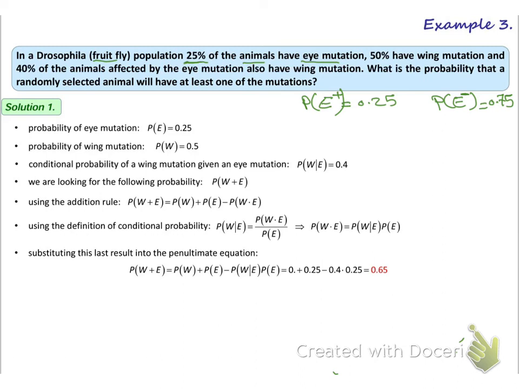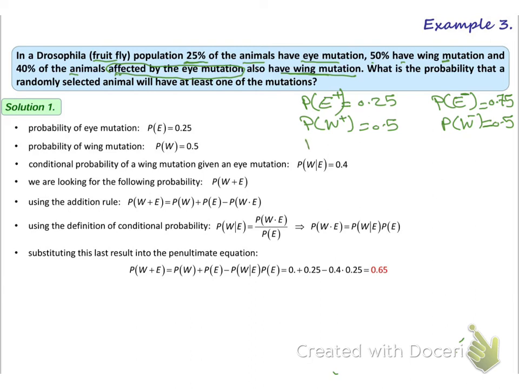The same thing here, 50% have wing mutations. So the probability of wing positive, having the mutation, is 0.5, and the probability of wing negative, not having the mutation, is 0.5. Then he said 40% of the animals affected by the eye mutation also have a wing mutation.